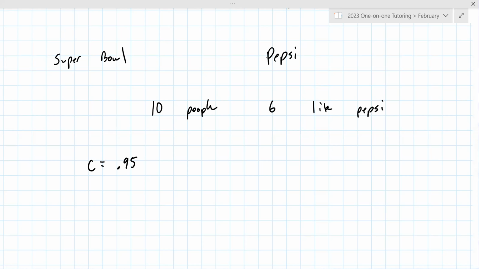So remember, your calculator needs X, N, and C. Can you tell me those values from this problem we've just created? C is 0.95.